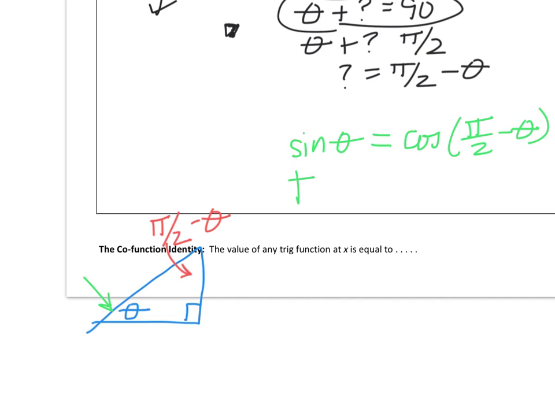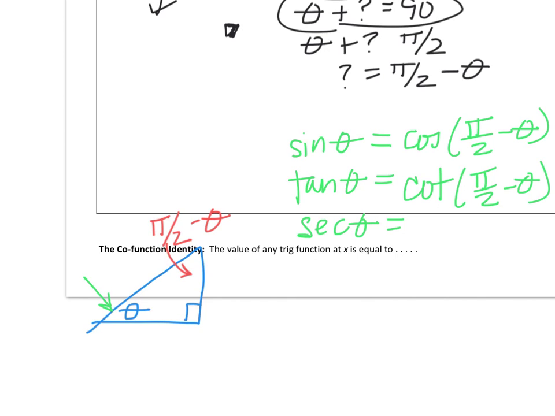If I do the tangent of that bottom left angle that I'm calling theta, that will be the exact same ratio as cotangent of the other angle, which is pi over 2 minus theta. And then secant of theta is going to equal its cofunction, which is cosecant of pi over 2 minus theta. And it works the other way as well. So I'll give you the other three.